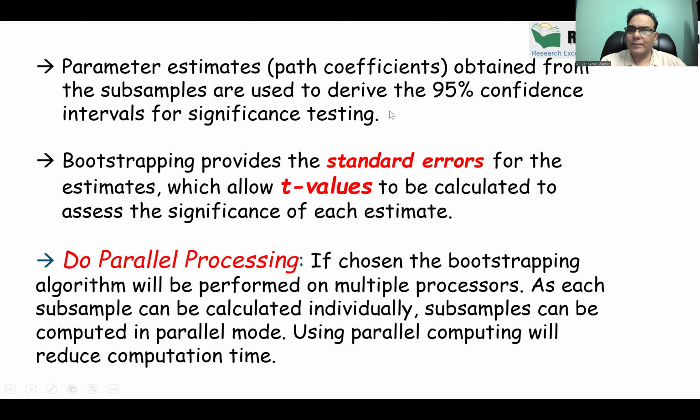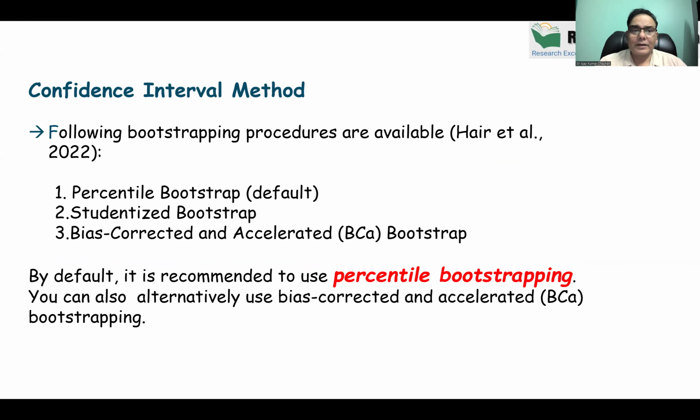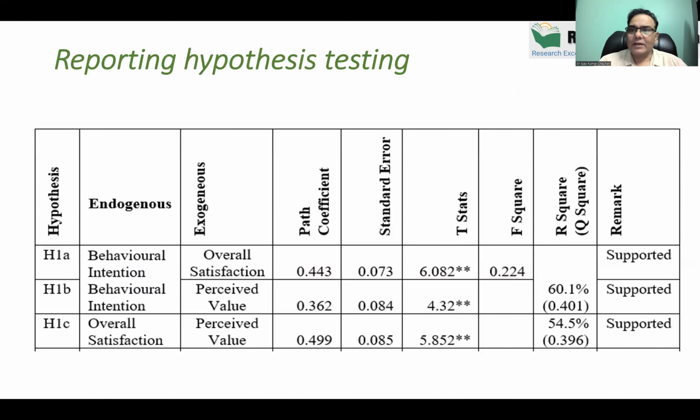And so I mentioned here the T values you have to check. And the software does parallel processing, meaning there are different processes going on simultaneously. And this is the table which you need to report in the research paper.